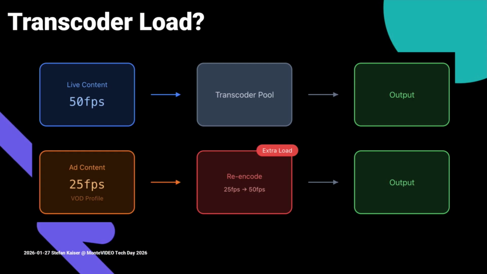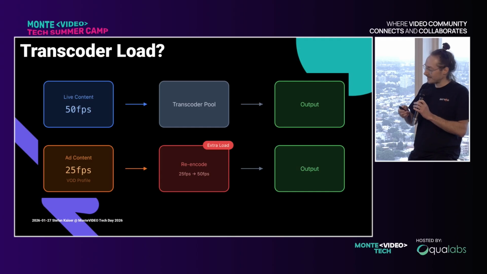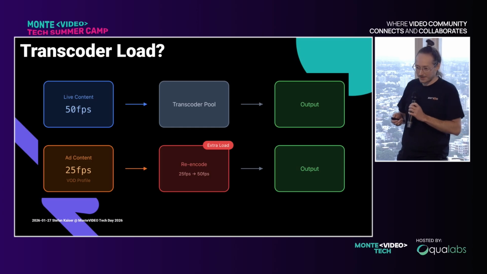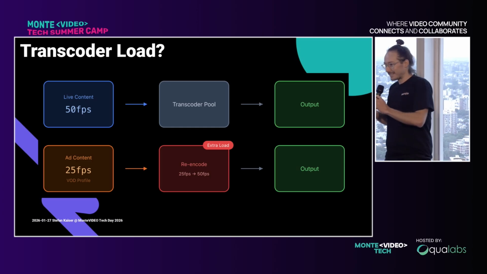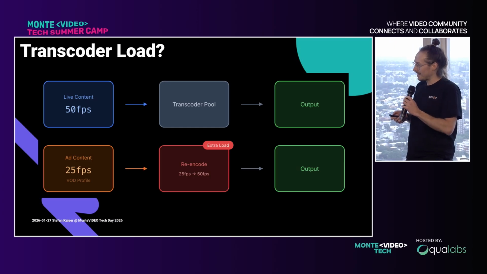But looking at it, of course, we figured something else out. We figured out that all ad content was transcoded freshly every time it was requested. And we were wondering why, but it was also pretty clear when looking at the implementation, because it went through our VOD encoding pipeline.